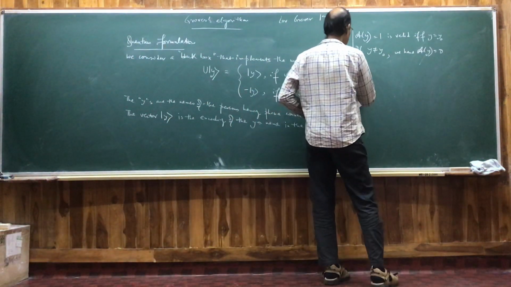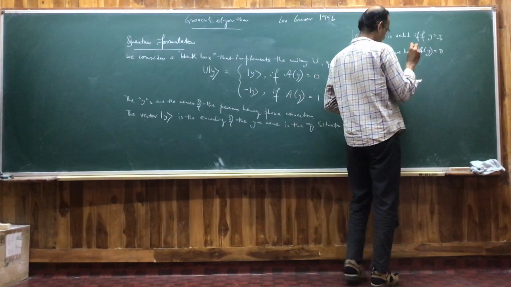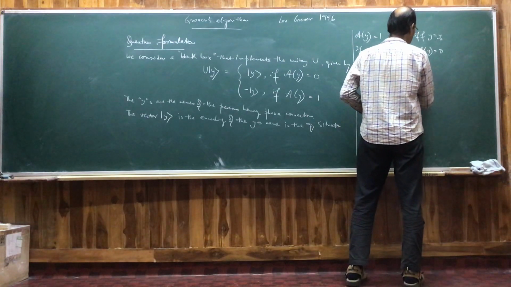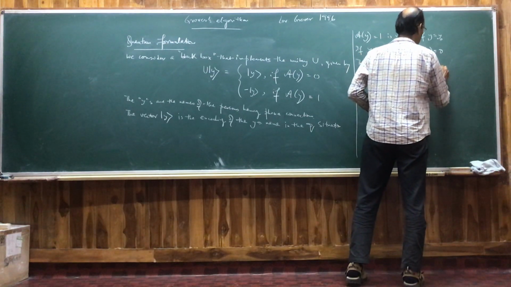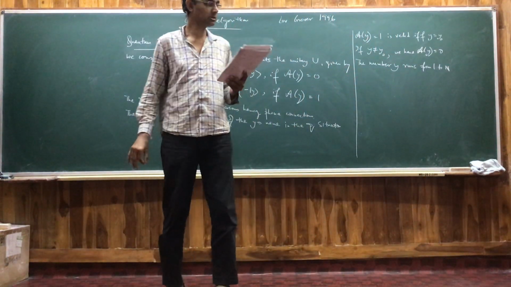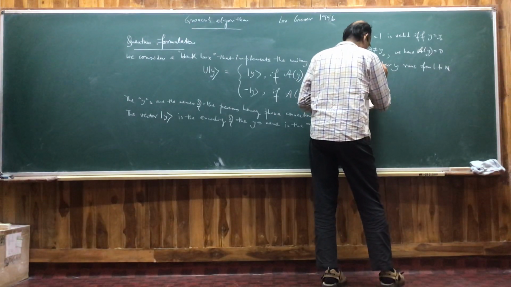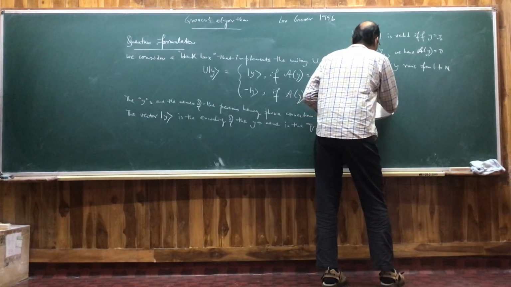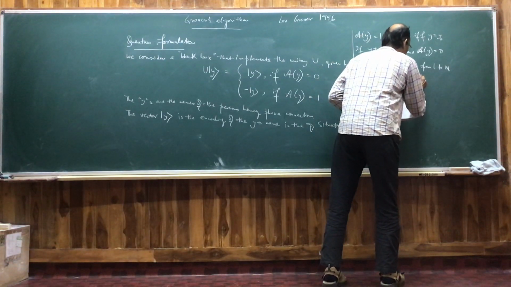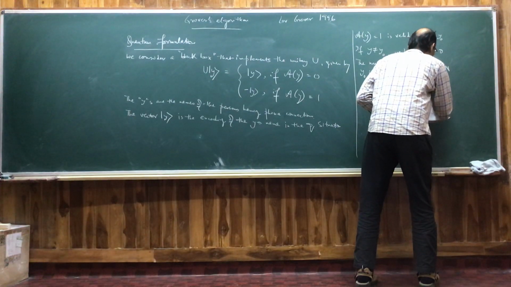The number Y runs from 1 to n, which is supposed to be large, and Y naught is a number among them.